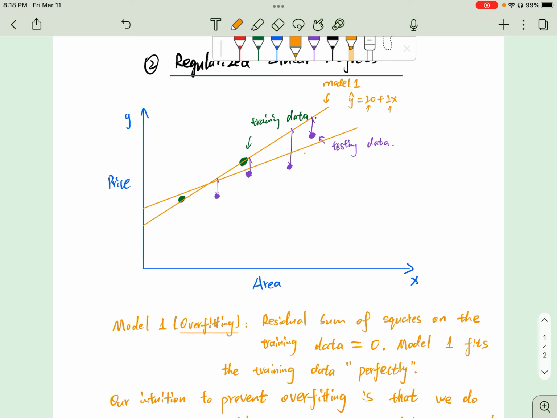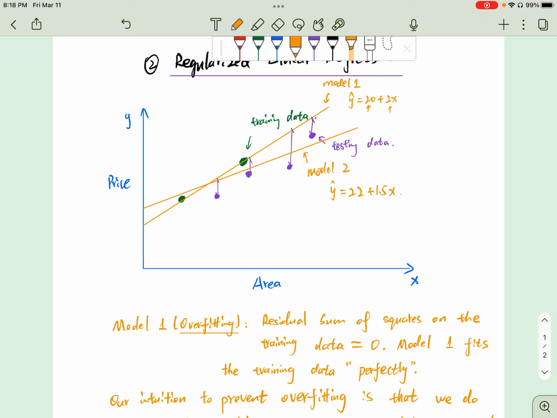Thus, here I call this one model 2. Perhaps you will find the model 2 equation is something like this: y hat equals 2 plus 1.5x.